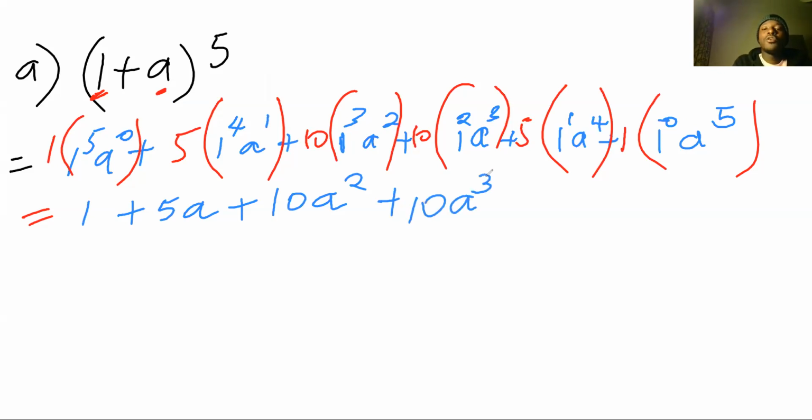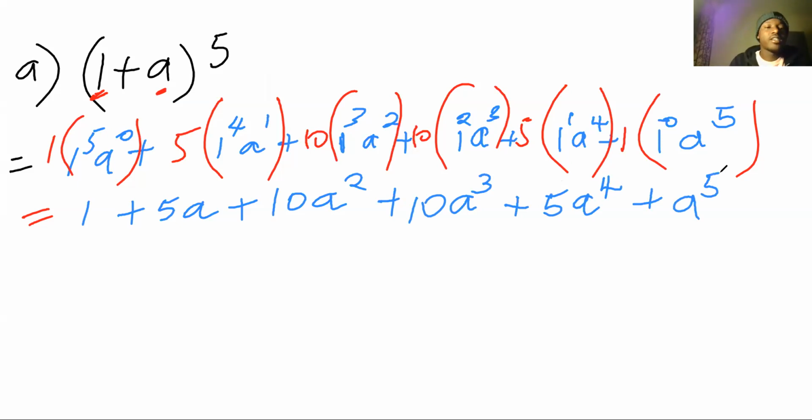Of course, 1 to power anything is 1. Always remember that. Plus 5a to power 4 plus a to power 5. 1 to power 0, anything to power 0 is 1. So you have your expansion.